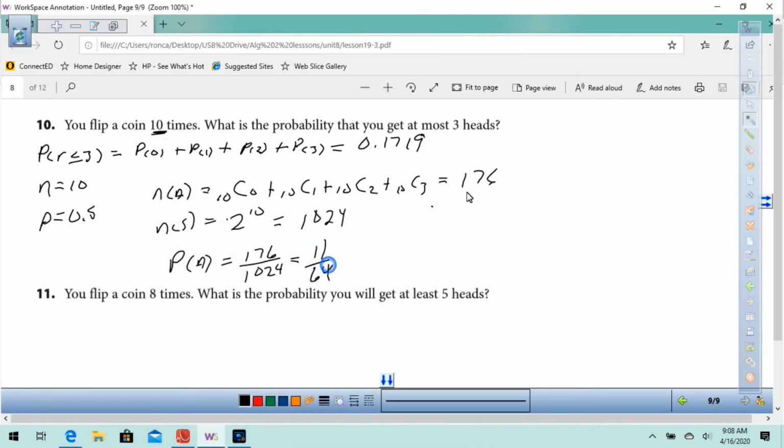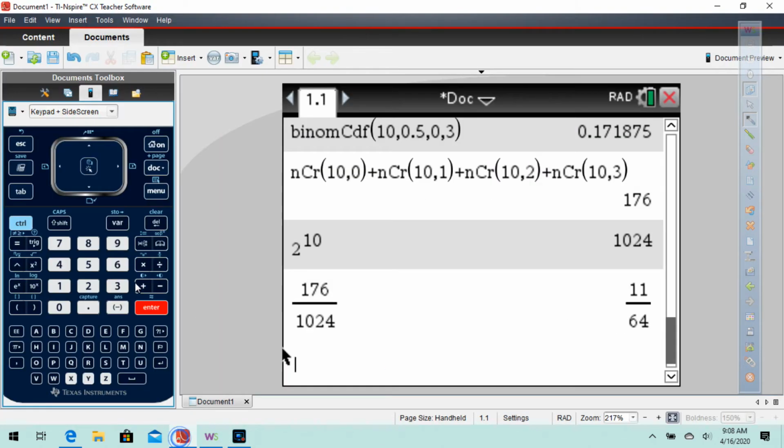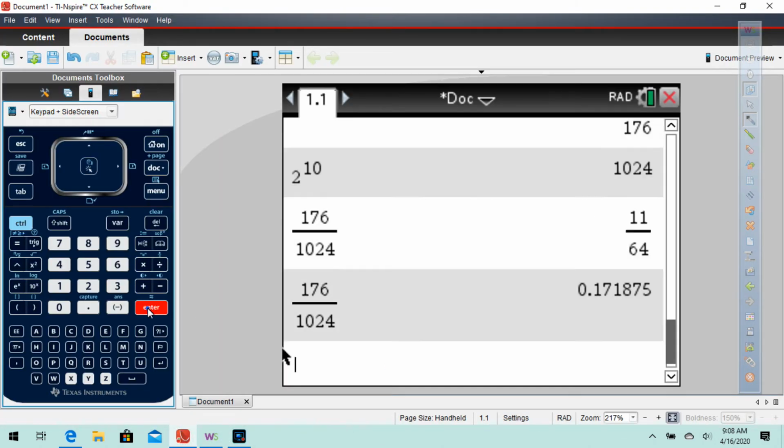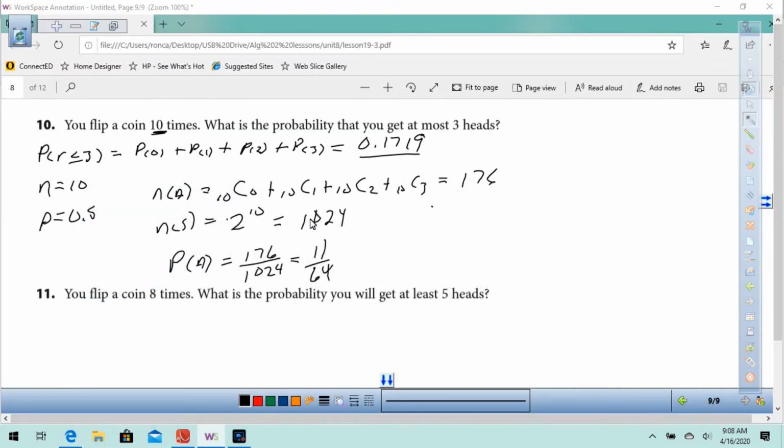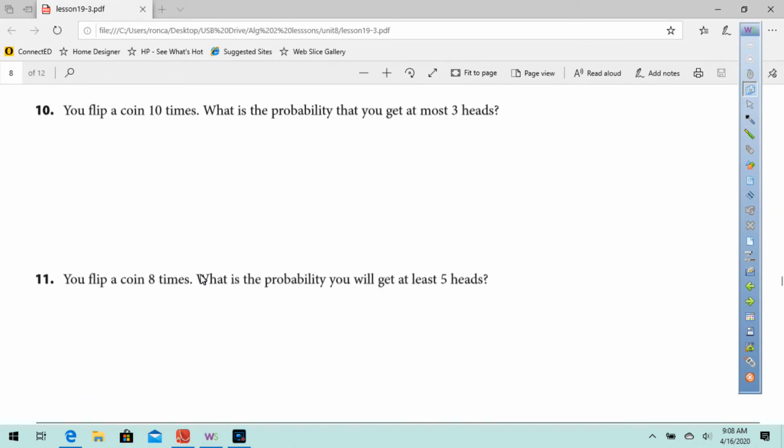Hold a second. That looks different than what we got up here. Let's try that. Control enter. 0.1719. Wow. You get the same answer either way. The binomial thing is just easier to me. Makes the calculations easier.